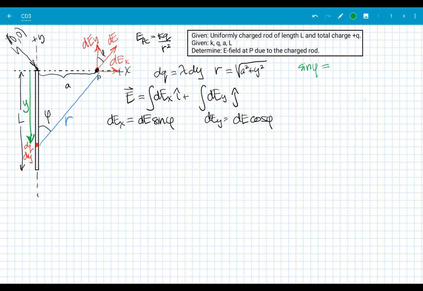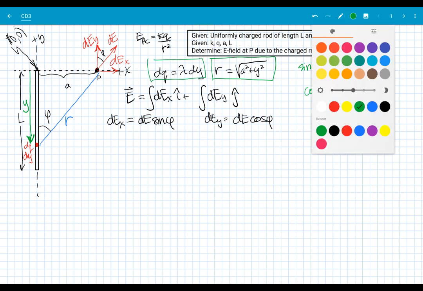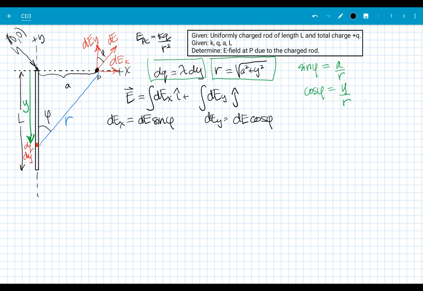So look at your triangle here. Your sine phi is going to be a over R, and your cosine phi is going to be y over R. And of course, we have our R defined here, and we have our dq defined there. So we're probably all ready to write out our integral at this point.